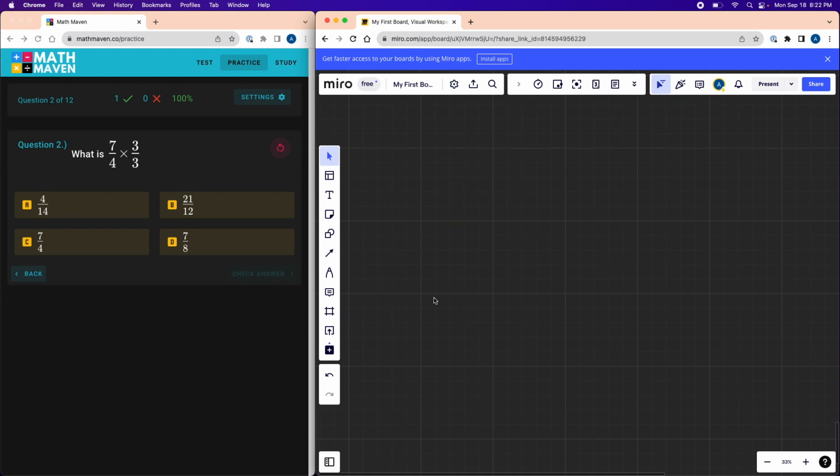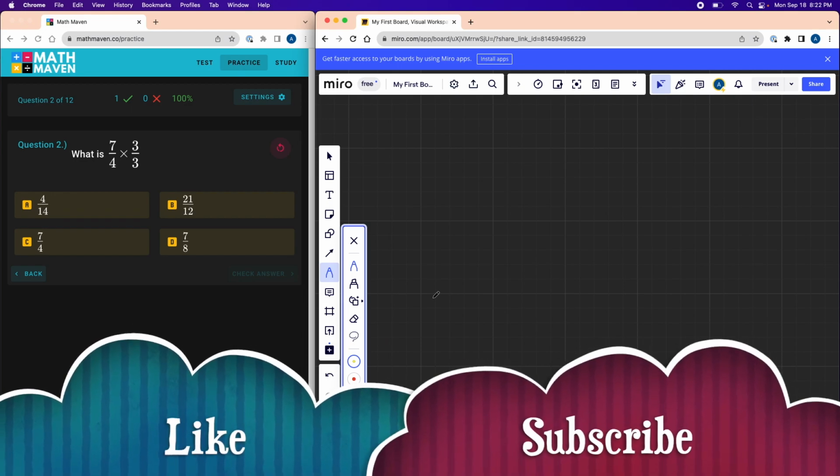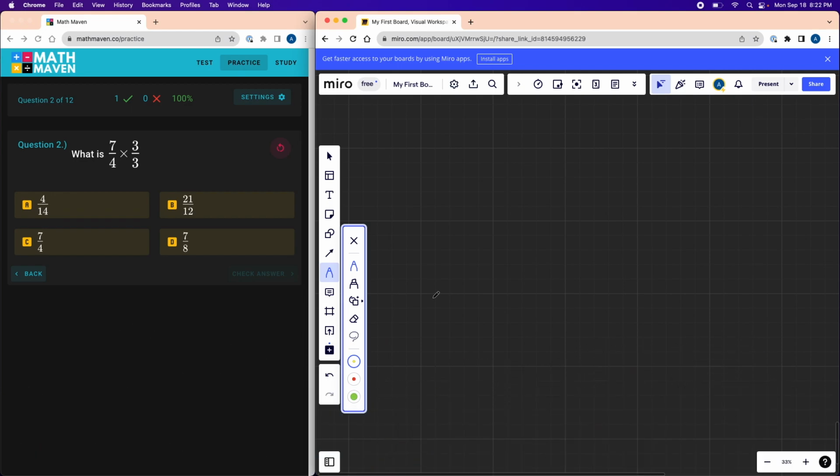Next question, another multiplication one. What is 7/4 times 3/3? So press pause and try and solve this one on your own. Hopefully you tried that one out on your own real quick. So we have 7/4 times 3/3.